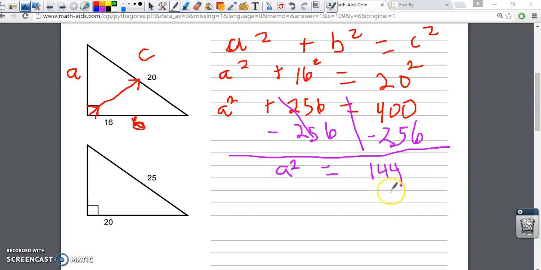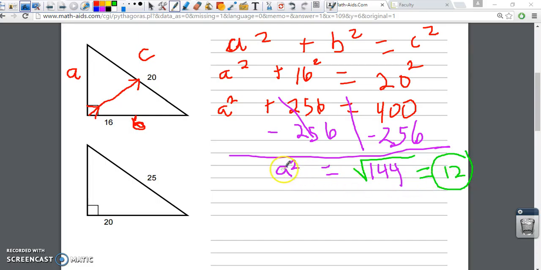Just like we did for the other video, you take that answer and do the square root of it. So I hit my square root button on 144, and I get 12. Basically, A is 12.